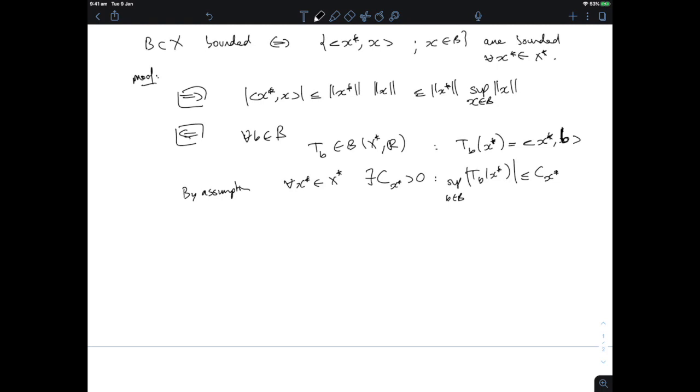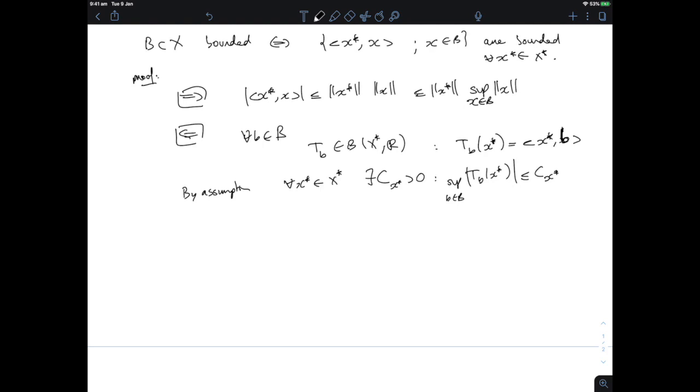Right, so what is that telling me? It's telling me that I have a uniformly bounded family of linear operators in the pointwise topology of linear operators between X star and R.